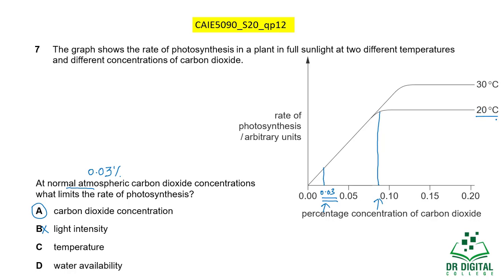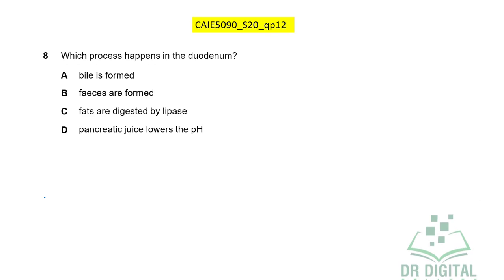There 20 degrees Celsius is less, so more temperature is needed. But at this point where atmospheric carbon dioxide concentration is there, even 20 degrees Celsius is sufficient. So temperature is also not acting as the limiting factor. Similarly, water availability cannot be the limiting factor because it is nowhere mentioned here. Okay, so the answer for this question is A.